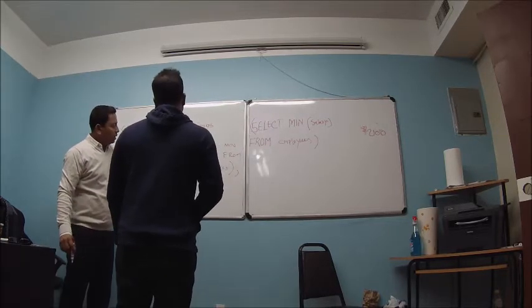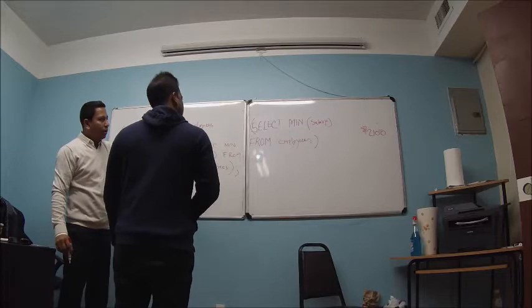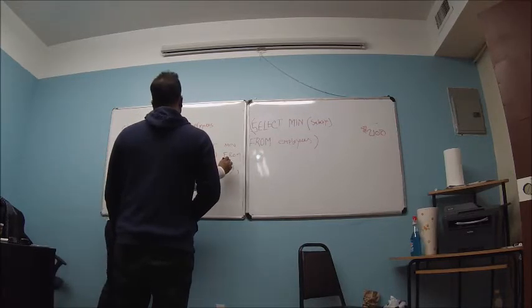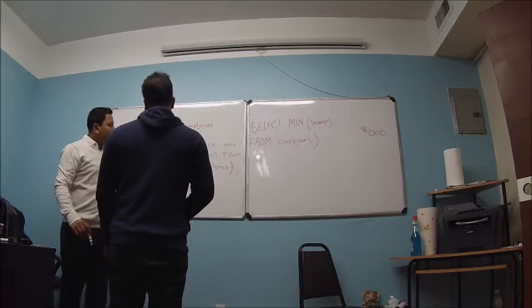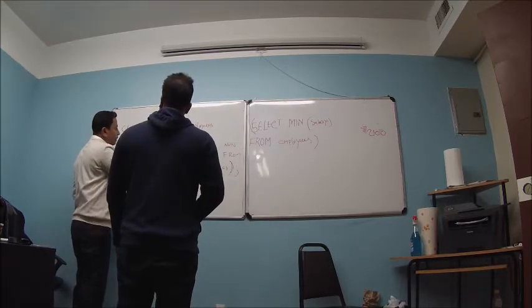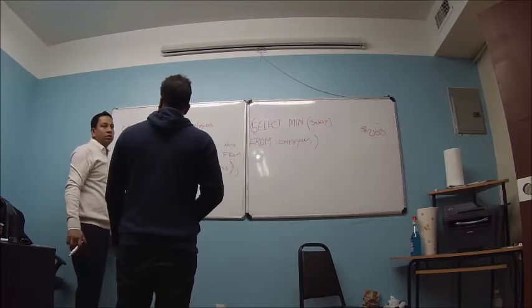Now how much is this going to be? The same money, 2,100. So which one is executing first? The subquery. Subquery executes first, it gives me 2,100. Now it goes to the employees table again and says who gets $2,100. Makes sense?